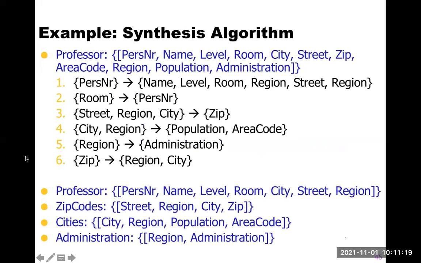So let's look at an example. A big table for professor, with multiple dependencies. If I perform normalization, minimal basis calculation, I can see, let's say, room to personnel number. Let's say zip and region city.